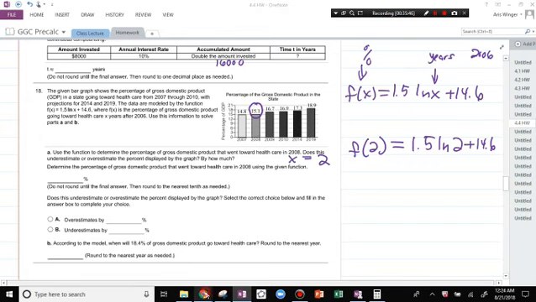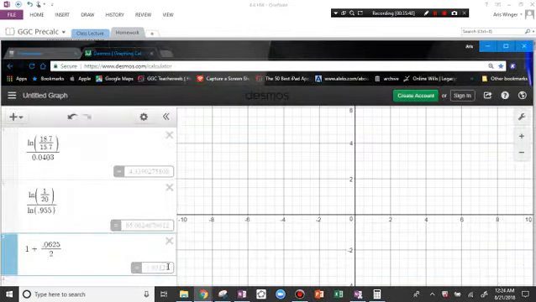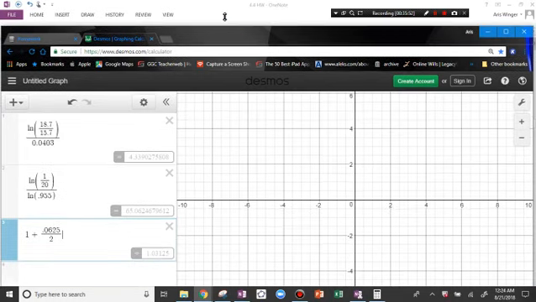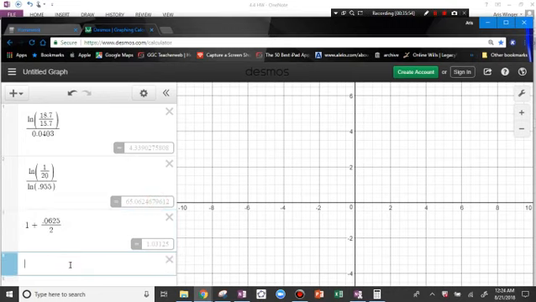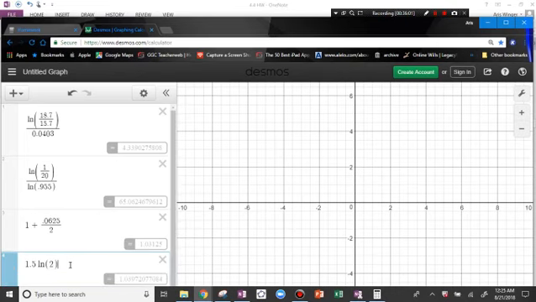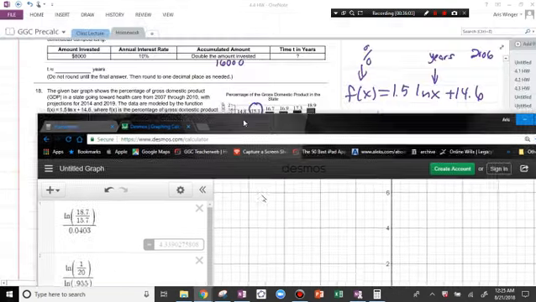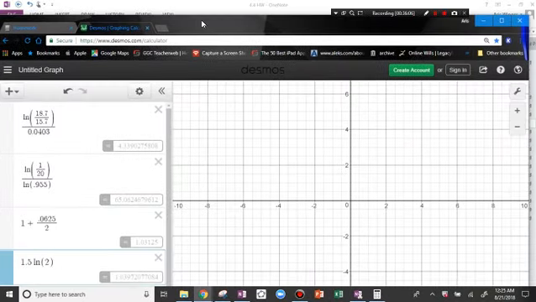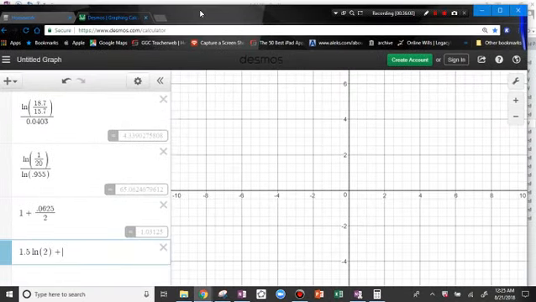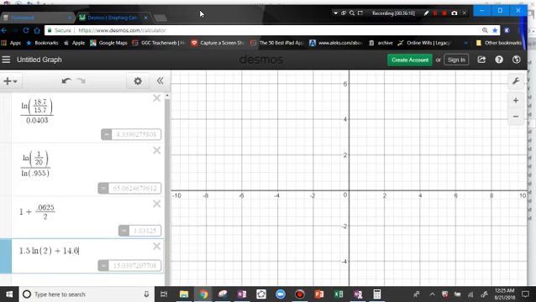1.5 ln, we'll put 2 here, and then plus 14.6. Let me make sure that's 14.6, right?